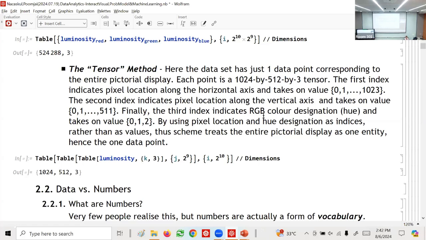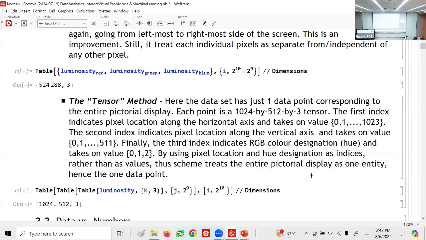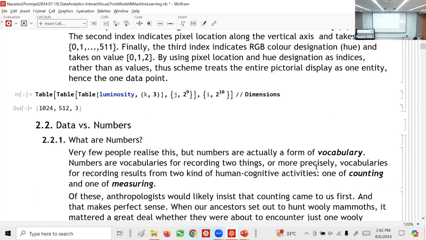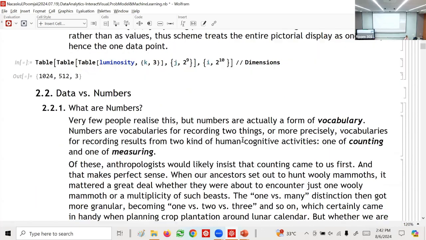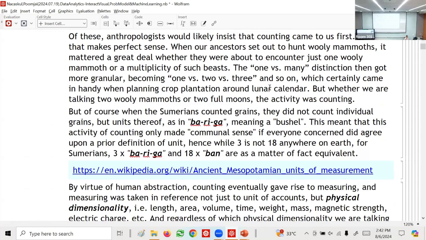What about 0.5, 0, 0? That's a darker red, right? What's 0, 0, 0? That's black. What's 1, 0, 1? Red, no green, blue, purple, right? So that's a tensor. This is just to get your mind going, okay? Data versus number, okay?